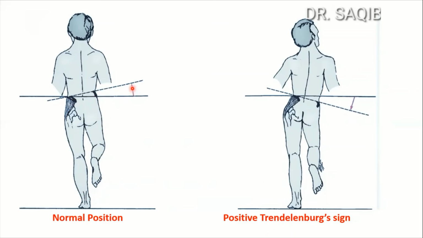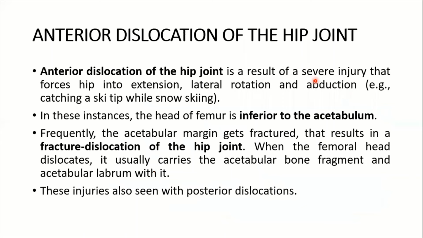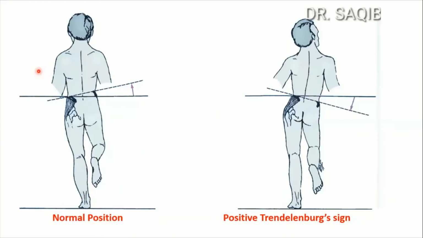And this stability depends on three factors. The gluteus medius and the gluteus minimus of the opposite side have to function normally, right? Here you could see these glutei have to function normally to keep this unsupported side upwards.